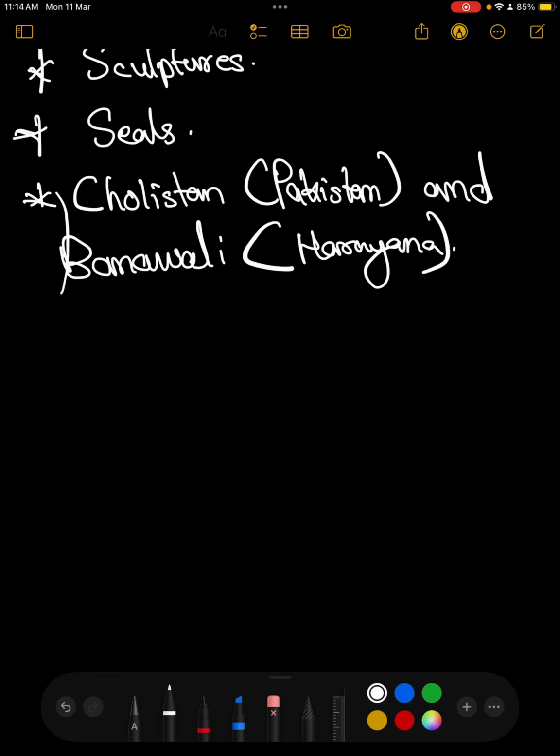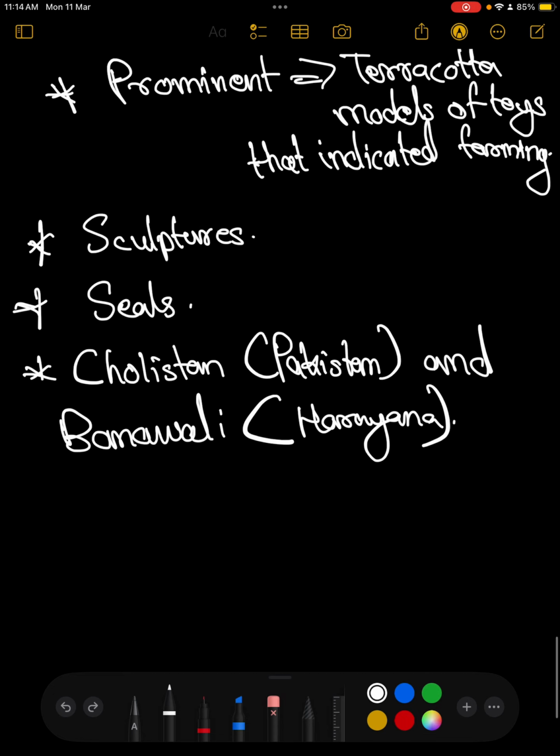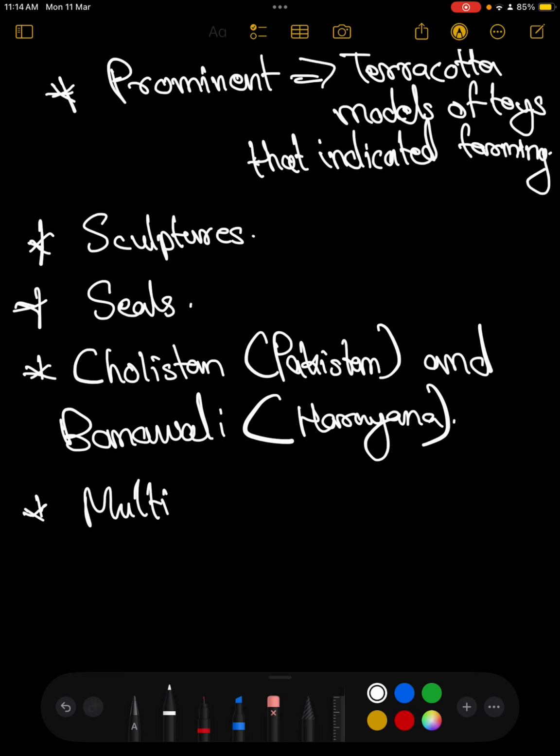So far what we know about agriculture is that it was very prominent, because we have got terracotta models of toys that indicated methods of farming, and it has also been proven that there was multi-crop production. The use of tools such as the plough also indicated that they were very consistent in farming.